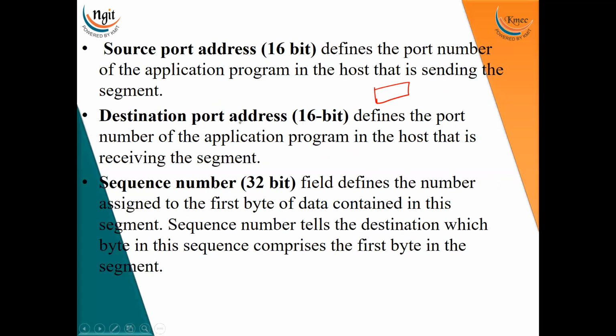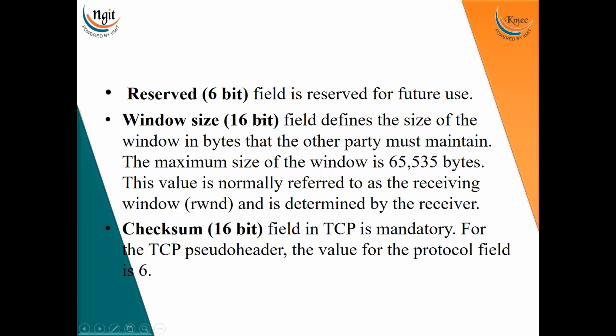This field is reserved for future use. And the window size is 16 bits. This field defines the size of the window, in bytes, that the party must maintain. The maximum size of the window is 65,535 bytes. This value is normally referred to as the receiving window and is determined by the receiver.